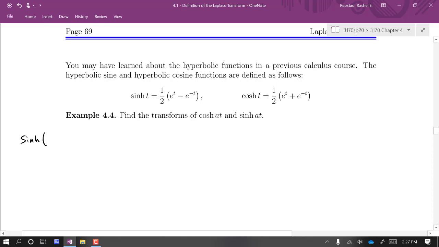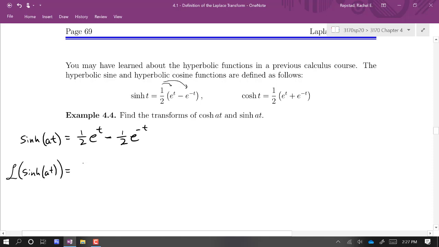So hyperbolic sine of at, where a is some constant, is, I'm going to distribute this factor of a half. So we get 1/2 e to the at minus 1/2 e to the negative at. And that means that the Laplace transform of hyperbolic sine of at, I'm going to split it up over the subtraction.